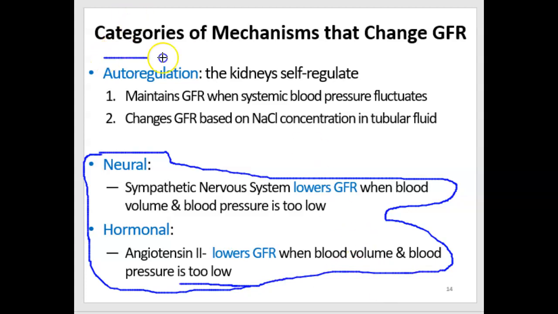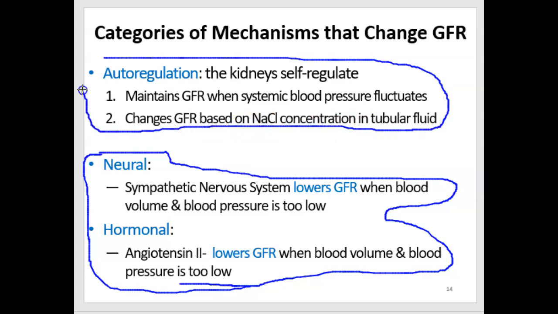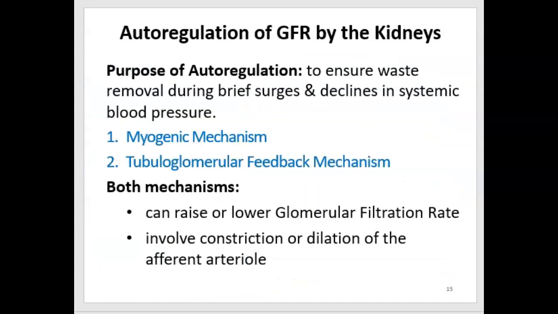But this autoregulation mechanism can change GFR. It could increase or decrease glomerular filtration, depending upon what's happening with the systemic blood pressure and what the concentration of sodium is in the tubular fluid. So first we're going to look at how autoregulation occurs.